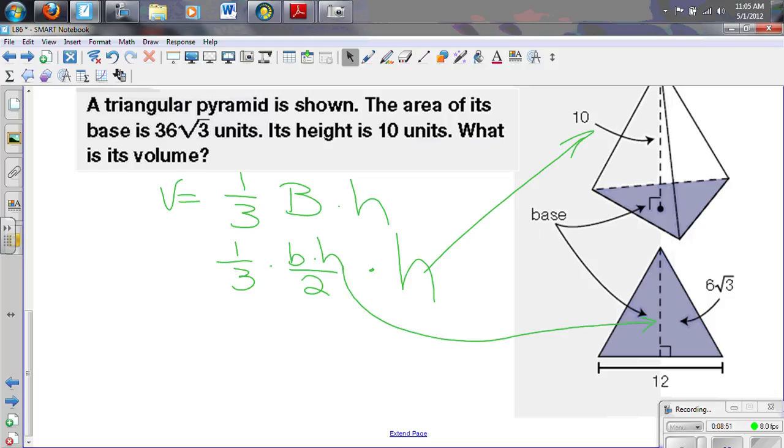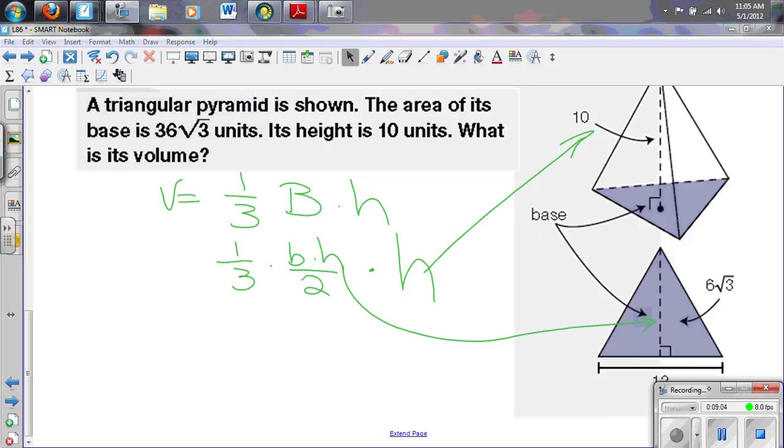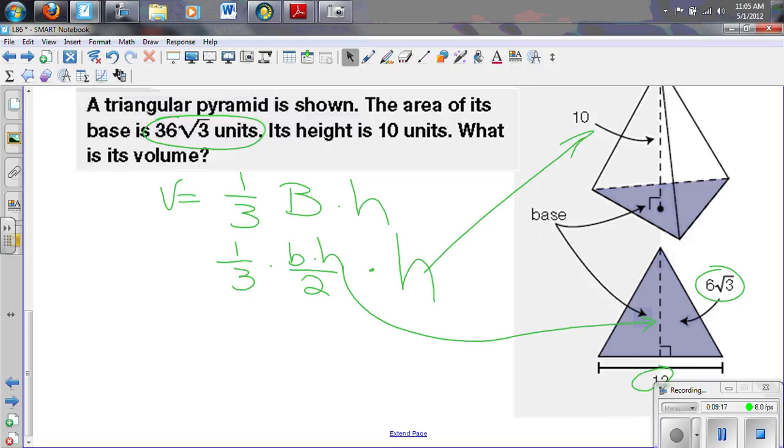And so they actually tell you the height is 36 times the square root of 3 units. I took a minute because I couldn't figure out what they did here. They took this 12 times 6 times square root of 3, and if you do 12 times 6 square root of 3, you get 36 square root of 3 to find that area of that triangle.